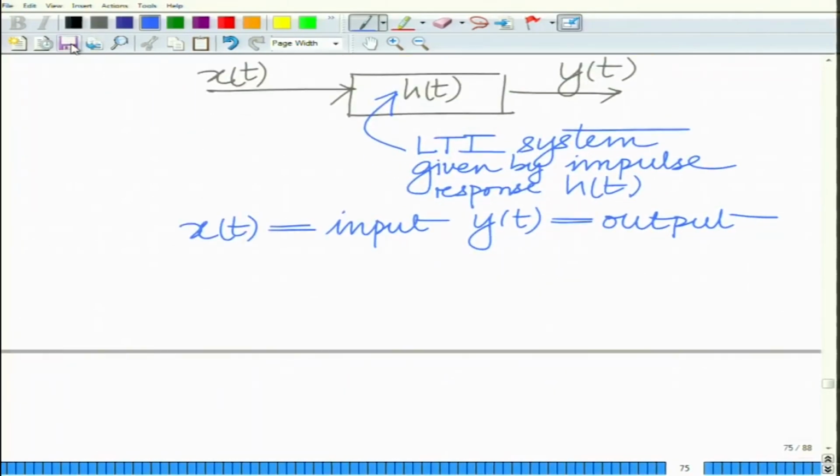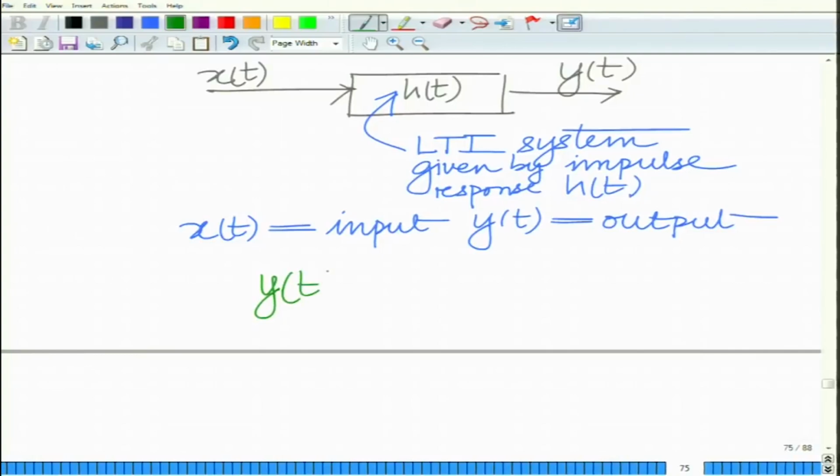Then we know that the output y(t) of an LTI system is a convolution of the input x(t) with the impulse response h(t) of the LTI system. Remember, convolution in the time domain is a product in the transform domain, that is, the Laplace domain.